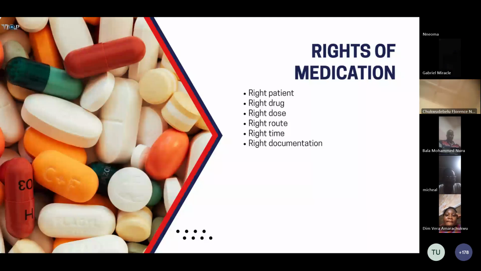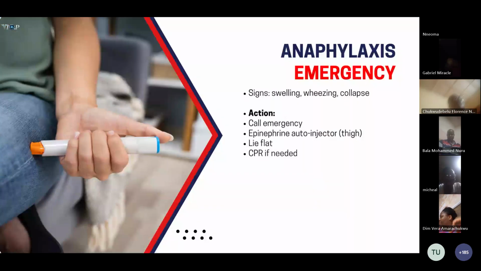We have the intravenous. That's what most people call drip, drip, drip. The intravenous is given through the vein. We have the intramuscular. This one that is being given into the thigh that I'm projecting right now is intramuscular. There's one that is given through intranasal, that one is like the salbutamol inhaler.